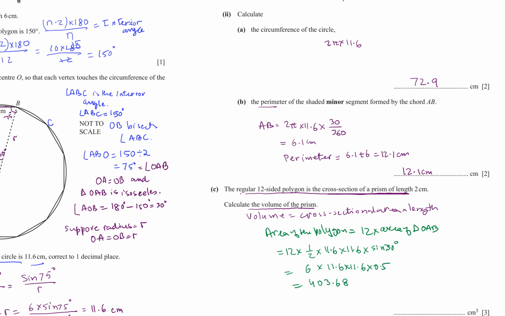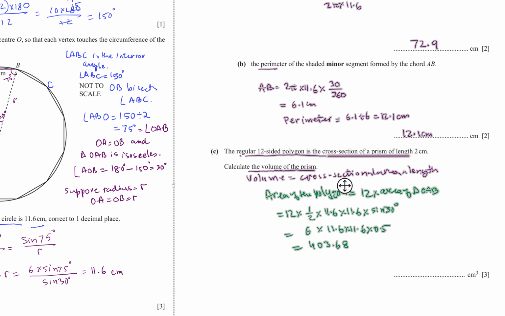And then I need to find the volume, so the volume will be the cross sectional area multiplied by the length.